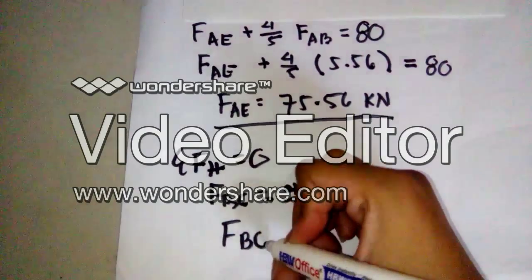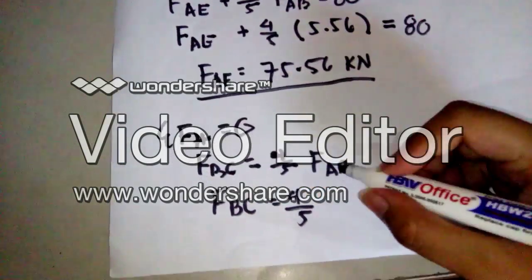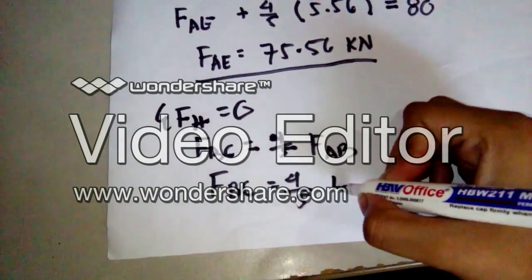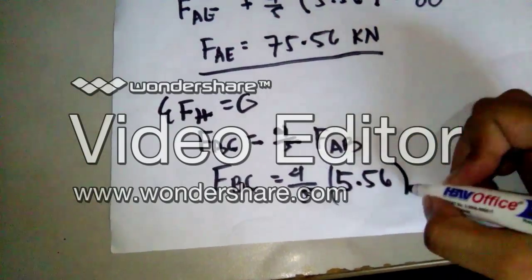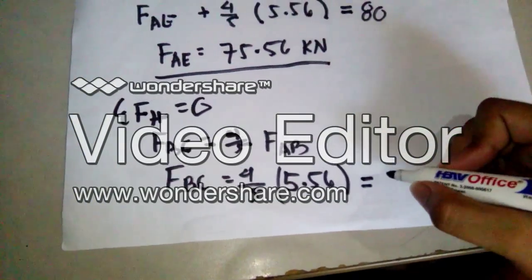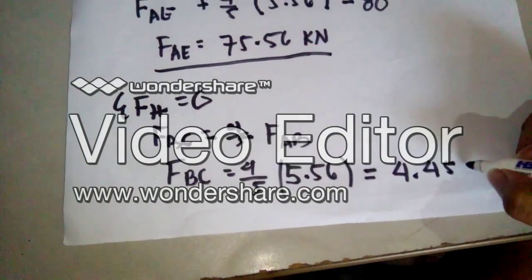FBC is equal to 4/5 of 5.56. And so we have 4.45 kilonewton.